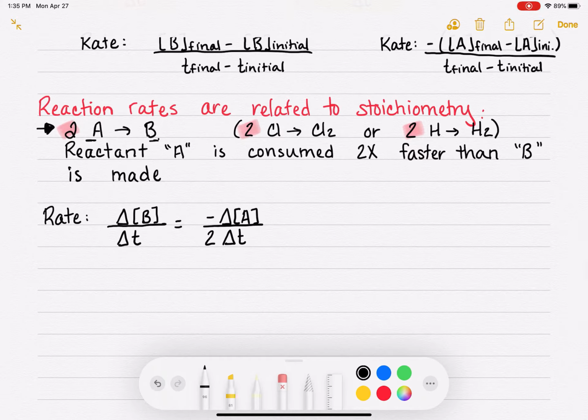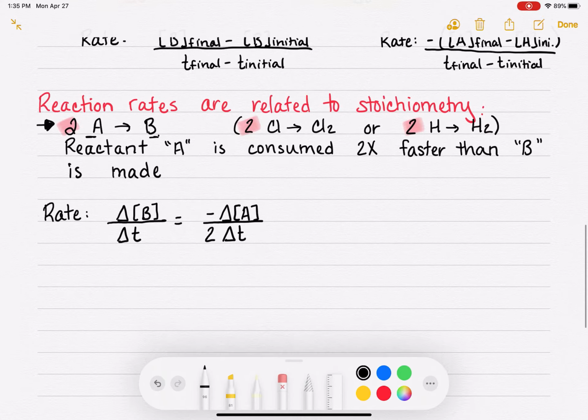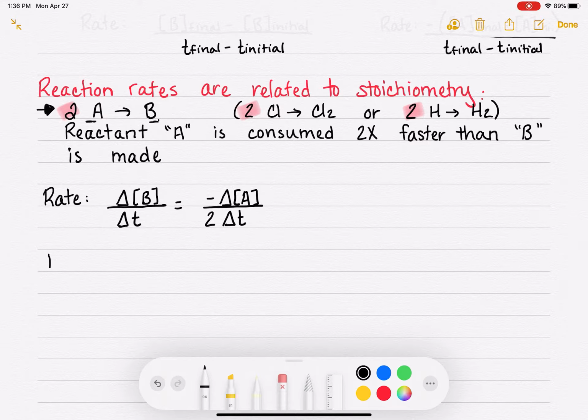Divide the rate of A by 2, and now it's going to be equal to B. And what we just did there is something that we can generalize for all reactions, no matter what their stoichiometric coefficient might be. So we're going to write a generic equation, A plus B goes to D and E.